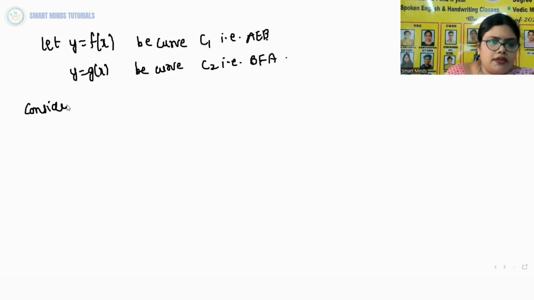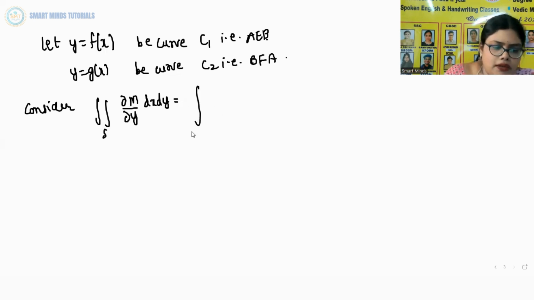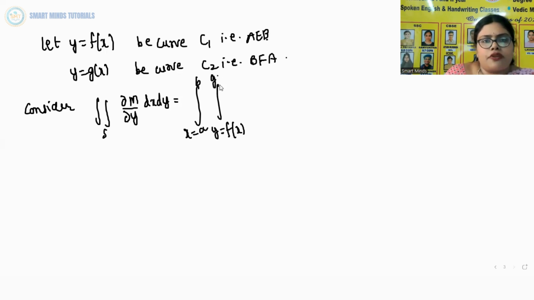Now consider the surface integral of ∂M/∂y dx dy, which equals the outer integral with limits x equals a to b, and the inner integral with limits y equals f of x to g of x, of ∂M/∂y dy dx.